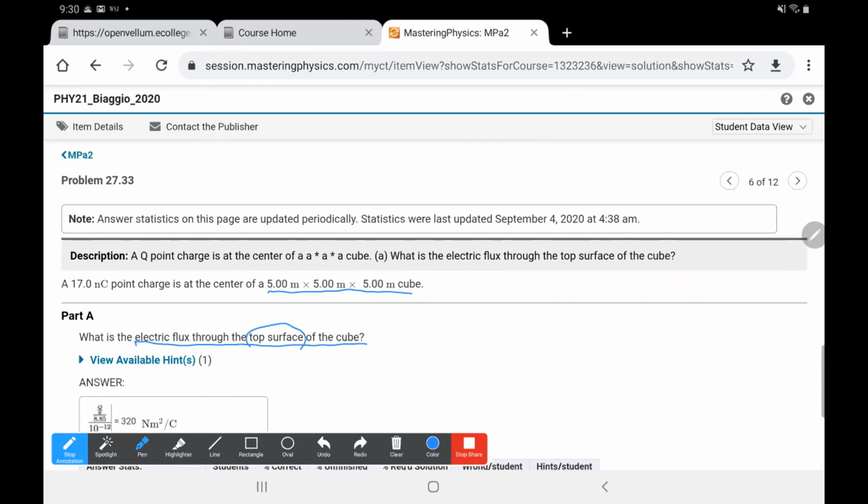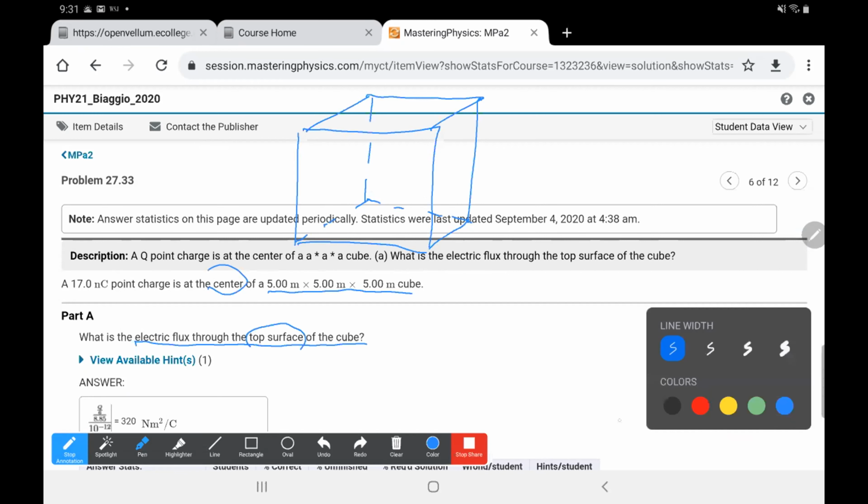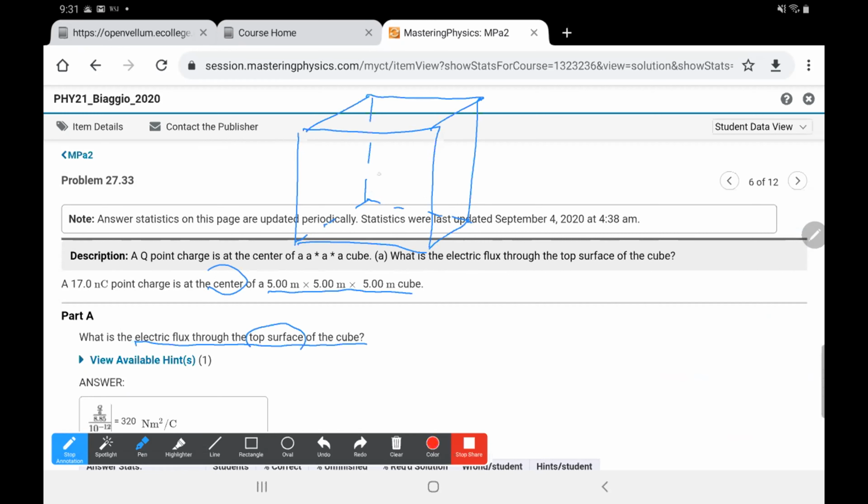So we have a cube box, and there is a charge at the center. Everything is symmetrical at the center, and we have the value of charge of 17 nanocoulomb. And we are going to calculate the electric flux on the top surface.